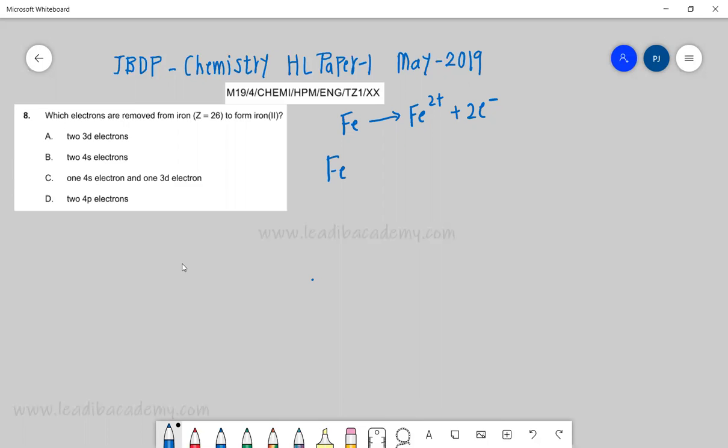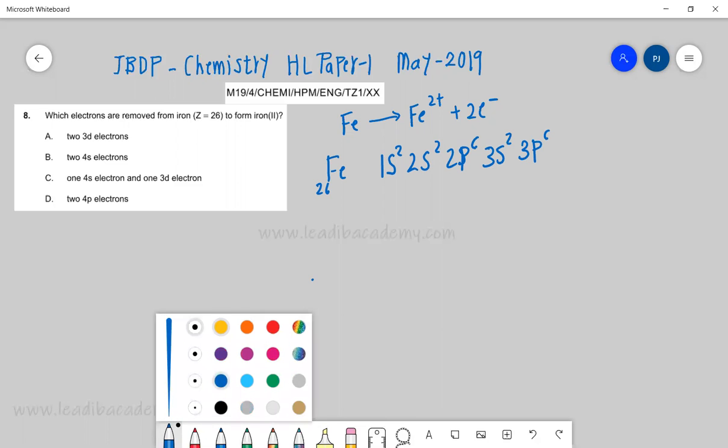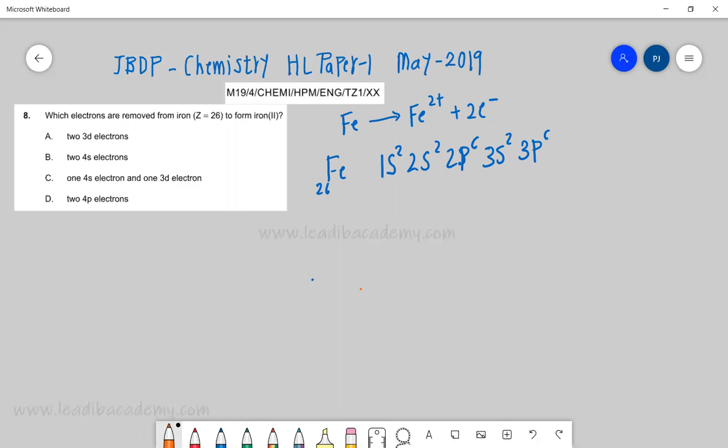Simple. So let's do it. It is always important to have the electron configuration: 1s2, 2s2, 2p6, 3s2, 3p6. Now I'm highlighting specifically where you can go wrong: 4s2 and 3d6.